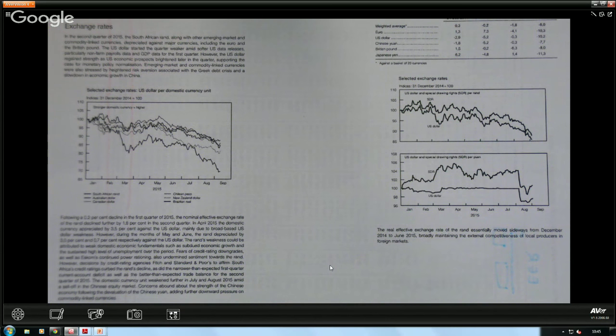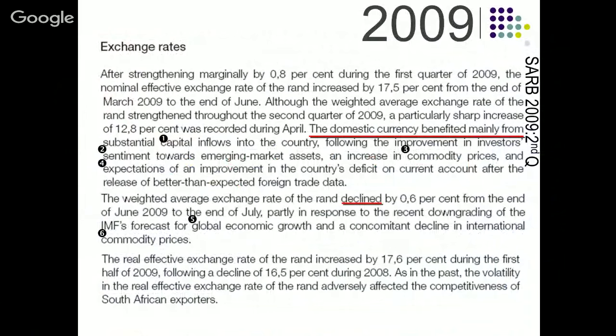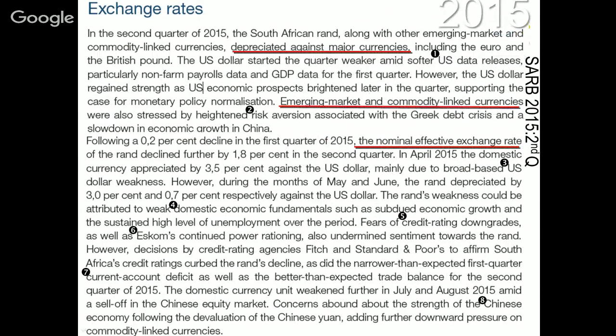You have 6, 5, 7. Okay, let's see how many I have. I got 6. Not that there should not be more. Now I got 7, 8. Actually, I have 8, but 1 is 2.